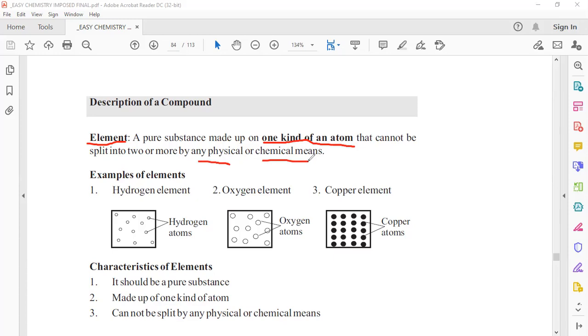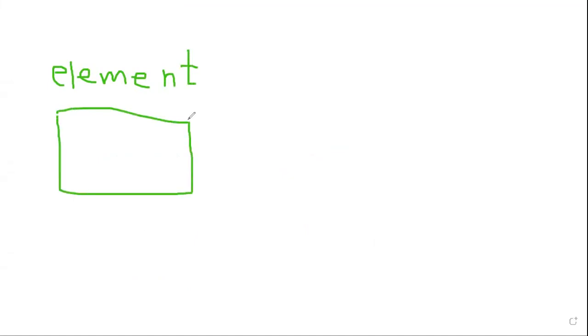Now, what is the composition of an element? Using a diagrammatic representation, if this is an element, we are saying an element is composed of atoms.